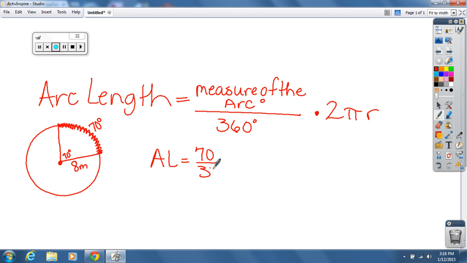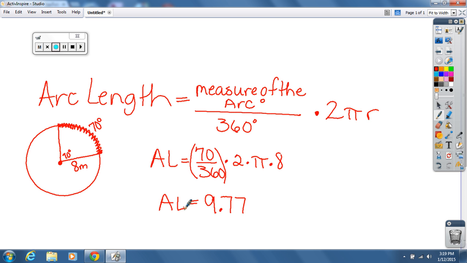So 70 over 360 times 2 times pi times my radius of 8. Now I can put this whole thing in my calculator, but make sure to use parentheses. For a rounded answer, you will get 9.77. It's nothing more than following exactly what I've got right here on my screen.